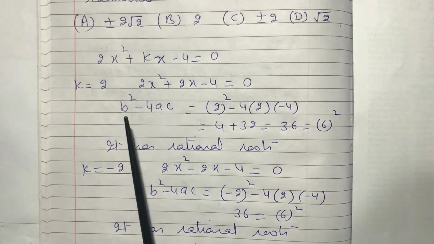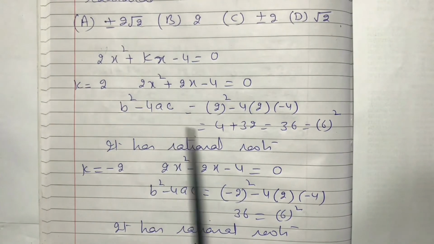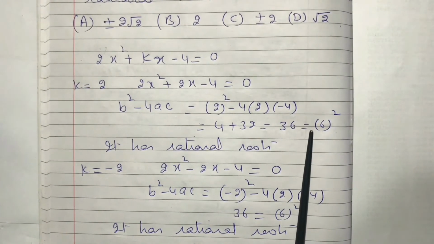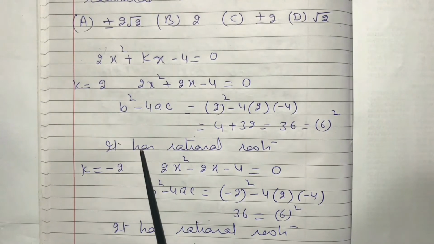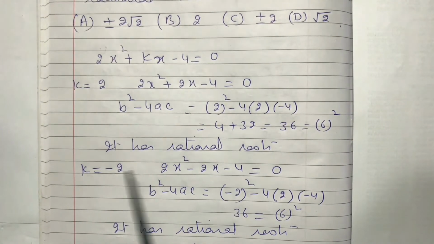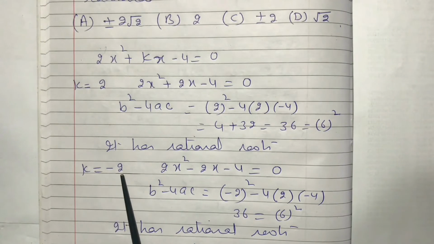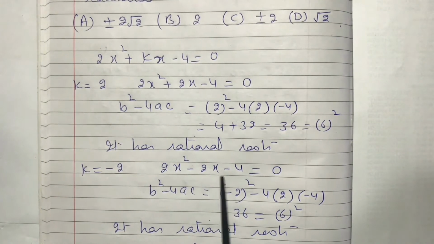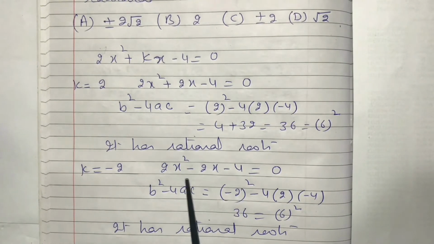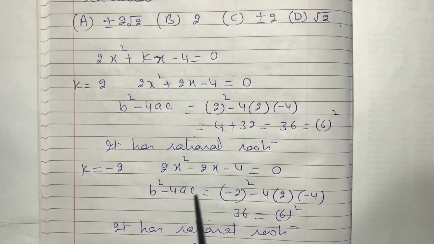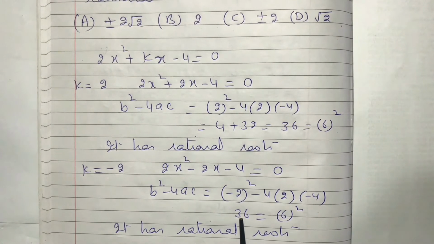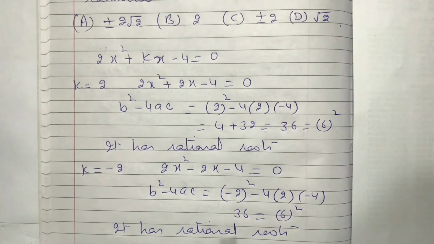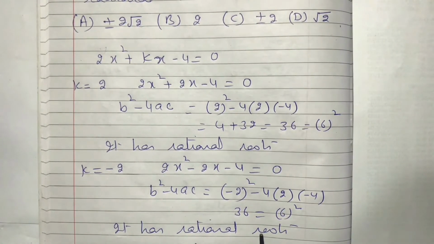Now listen again, if b square minus 4ac comes out to be a perfect square of some number, then it has rational roots. Similarly check for k is equal to minus 2, and it is 2x square minus 2x minus 4 is equal to 0. Find the value of b square minus 4ac. Again this is a perfect square of number 6, so it has rational roots.